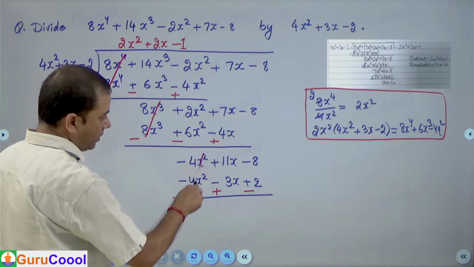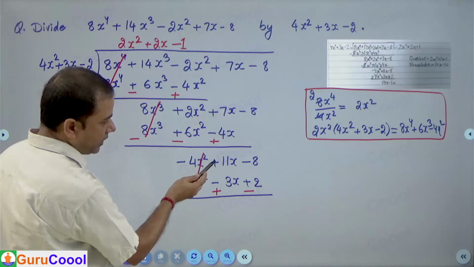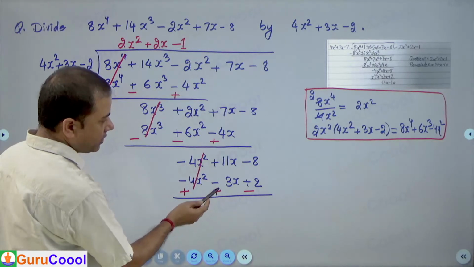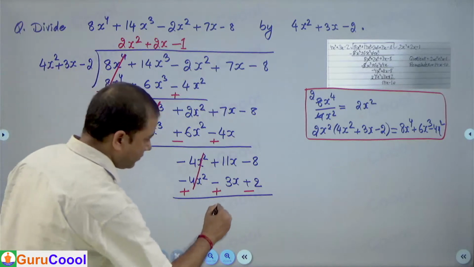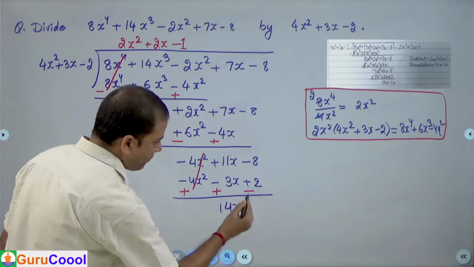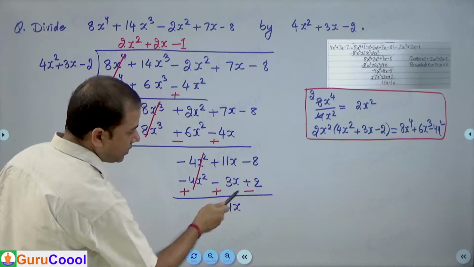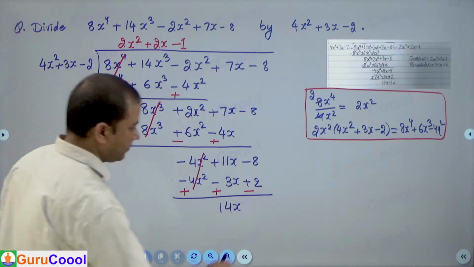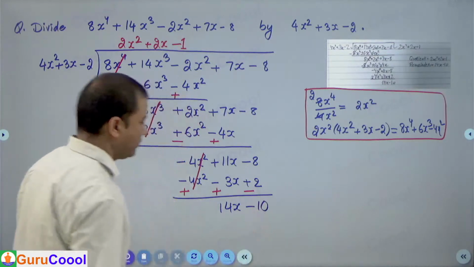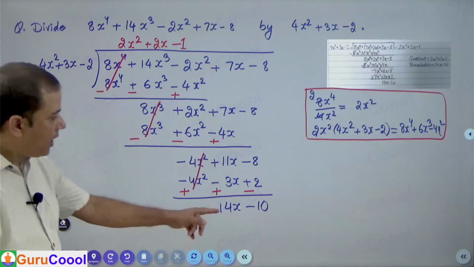First term cancels here. Plus 11x plus 3x, how much? Sir, 14x. Minus 8 minus 2, how much? Sir, minus 10. We have now new dividend.